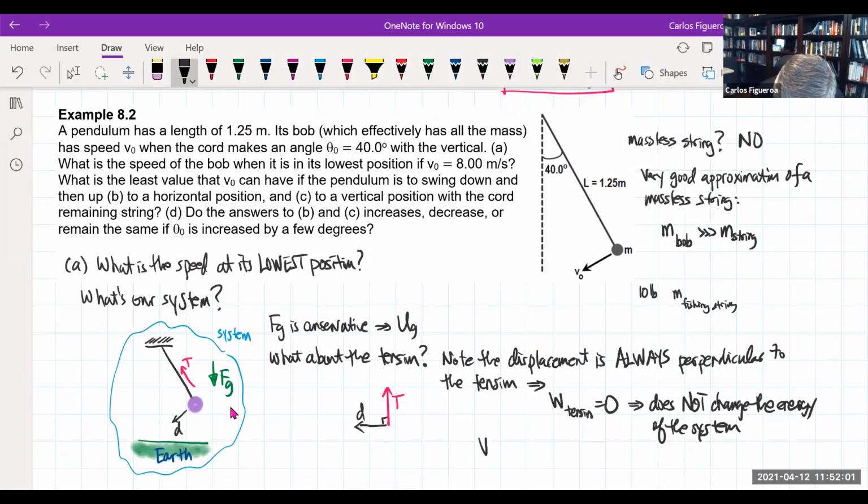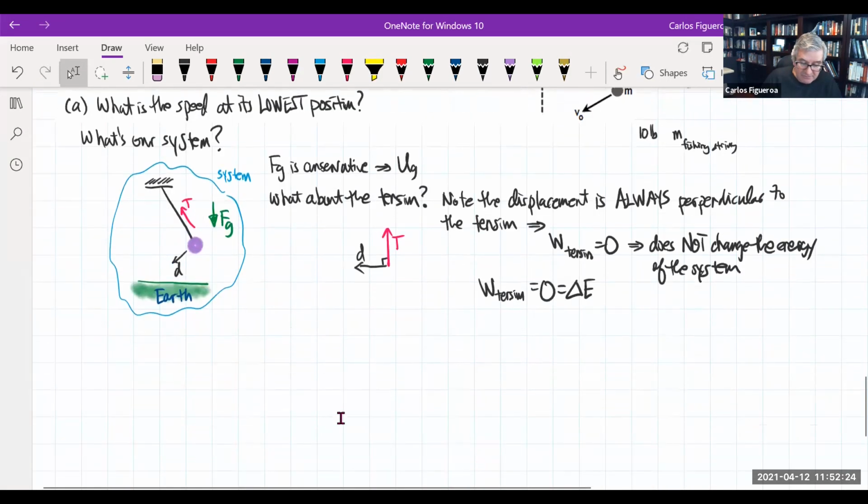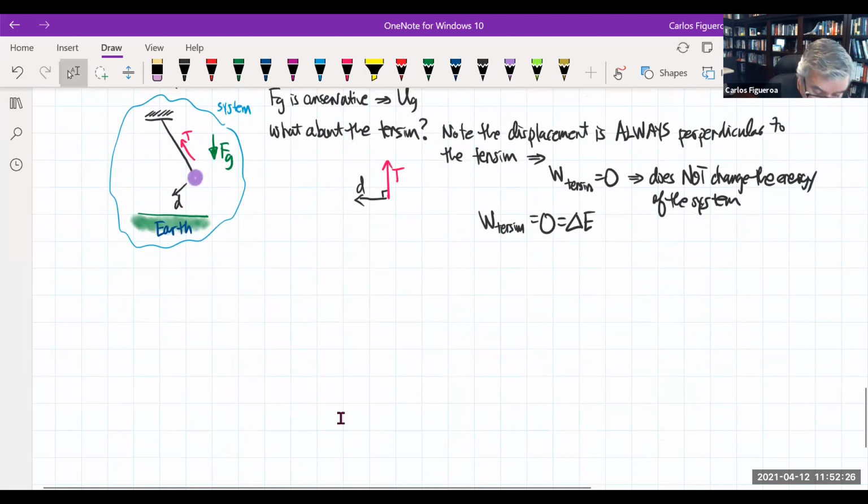Because remember, the work done by the tension here, since it's perpendicular, is zero, so it will not change the energy of the system. So we're good. Note that the tension's okay in the system because it doesn't change the kinetic energy or the potential energy of the system. So here we go.